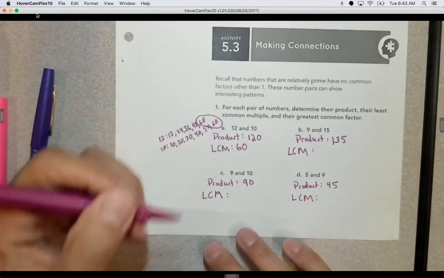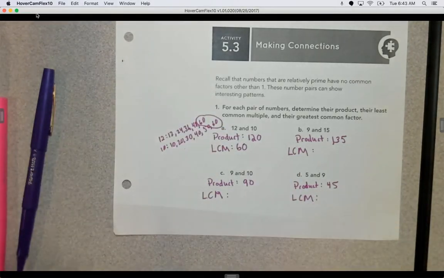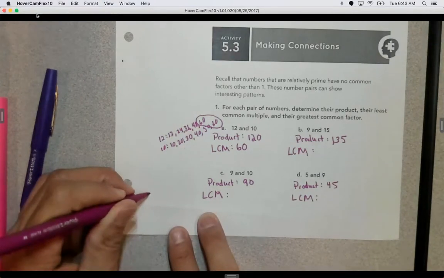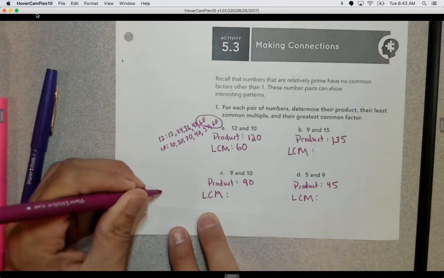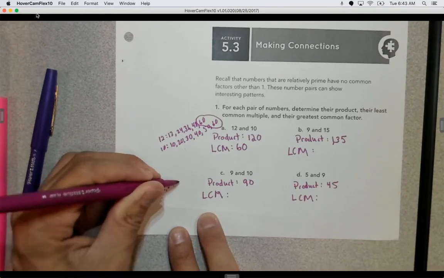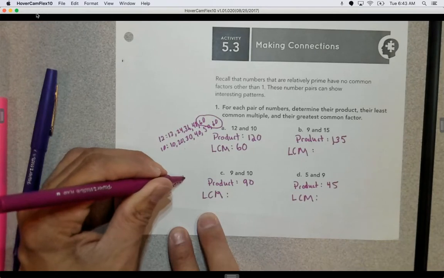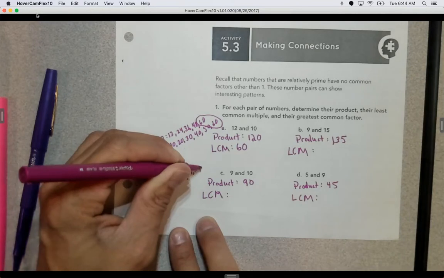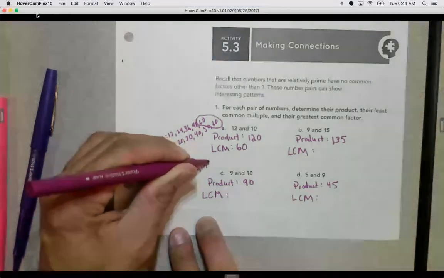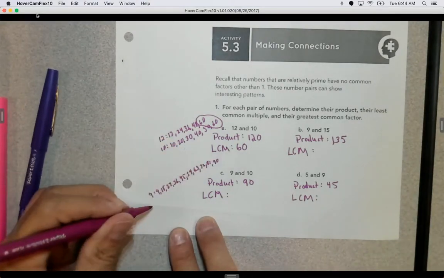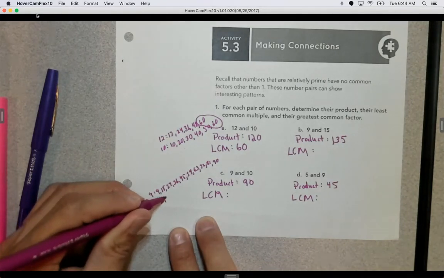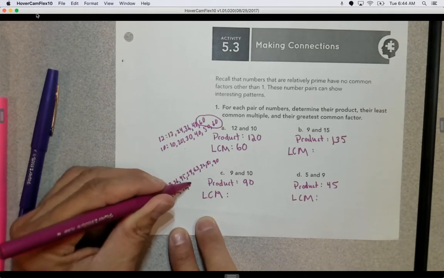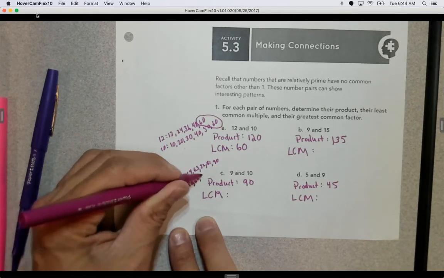Okay. For 9 and 10, I know what the answer to this one's going to be before I started doing it, because I'm old. 63, 72, 81, 90. Bingo. 10, 20, 30, 40, 50, 60, 70, 80, 90.